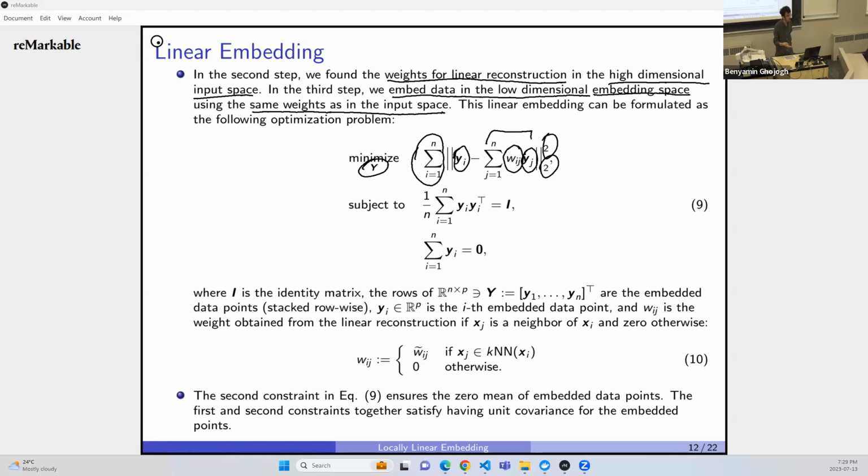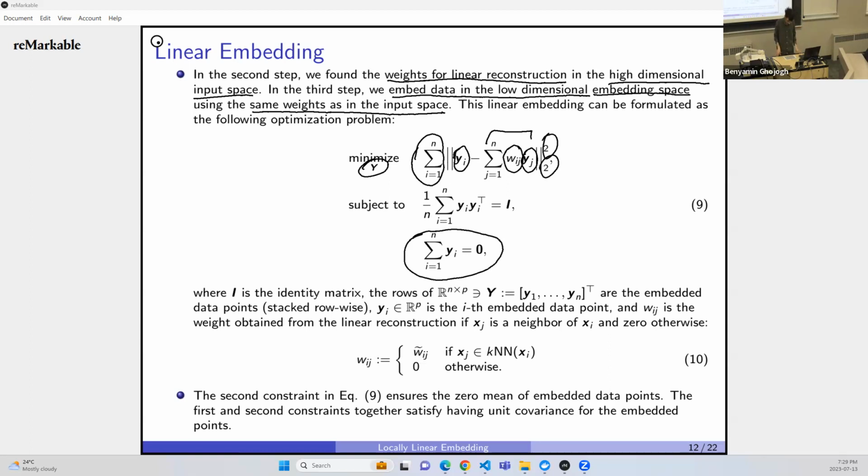Now I define two constraints. One of them: let the mean of the embedding be 0. No matter if the mean of the data set in the input space is 0 or not, in the embedding space, after I embed them, I want the embedded points to be around the origin.